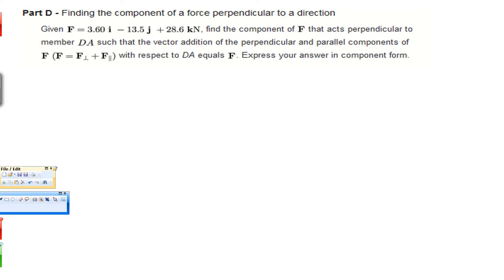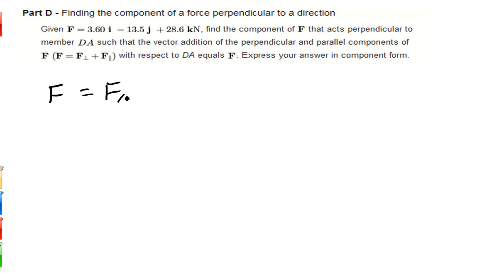So I'm going to write this out a little bit. We have our total force, F, is going to be equal to the force parallel plus the force perpendicular. And we just found the force parallel in the above problem, well, the magnitude of it.